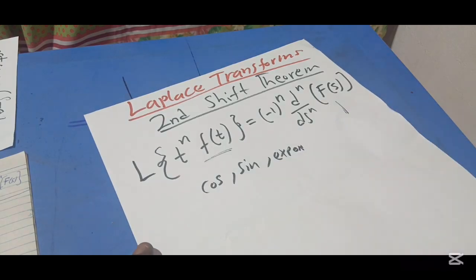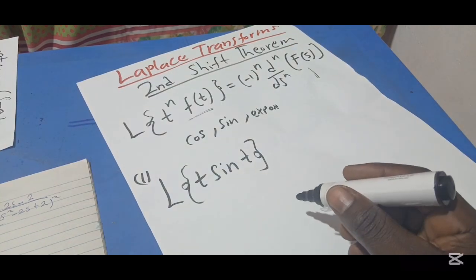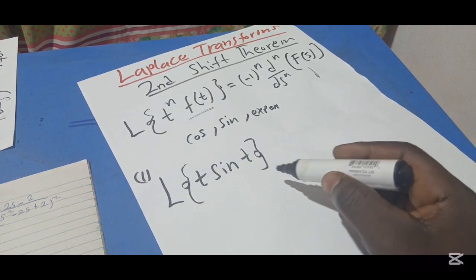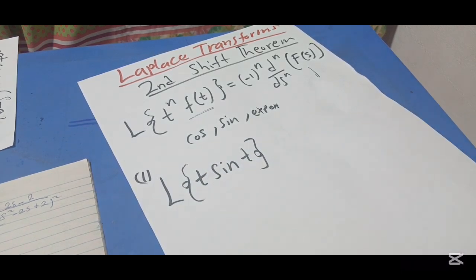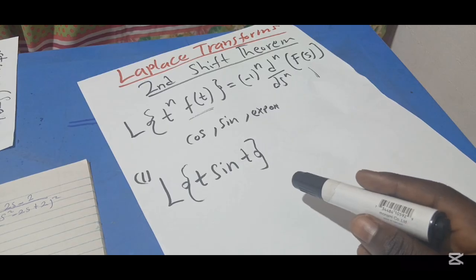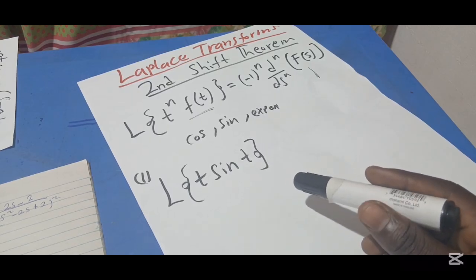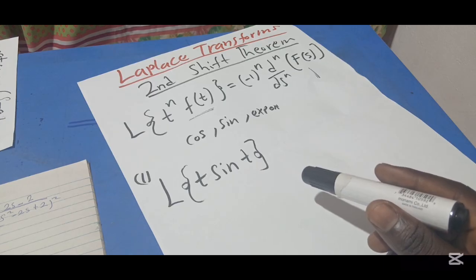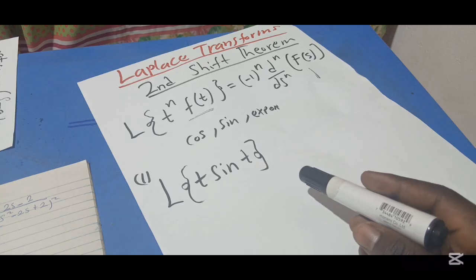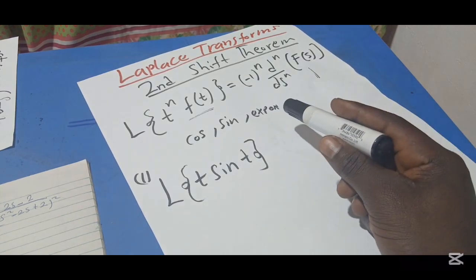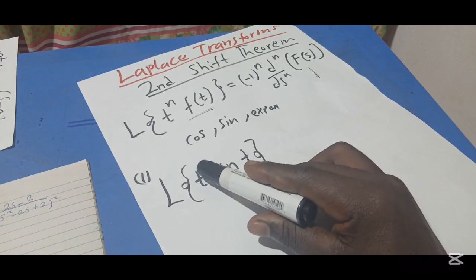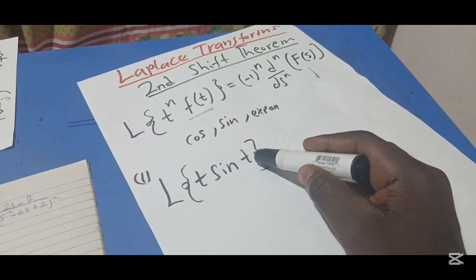It doesn't matter. So let's take our first example. Find the Laplace transform of t sine t. Looking at this, you can see that there is a shift, and this shift is typically the second shifting theorem, because you are not seeing a term like e to the power at sine something, but rather an algebraic value multiplying sine t.